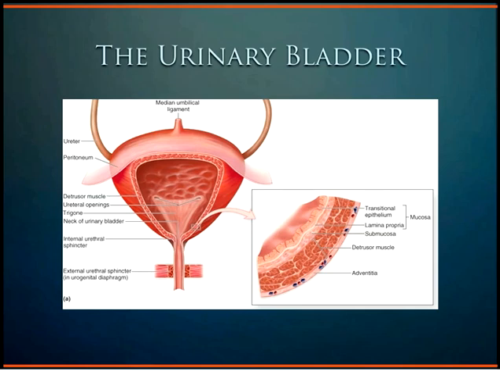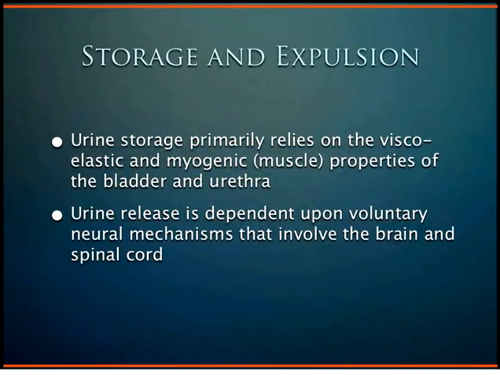The urinary bladder is capable of tremendous expansion and contraction. Its musculature is known as the detrusor and is made up of smooth muscle fibers. It responds to the impulses of the autonomic nervous system and involuntarily contracts. The method in which urine is stored and expulsed involves a complex extrinsic neural regulation mechanism.